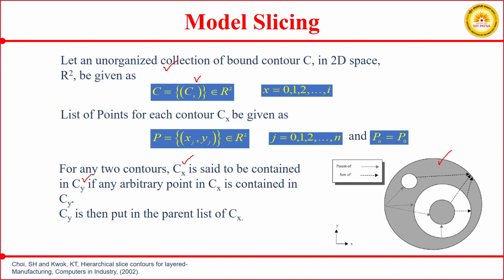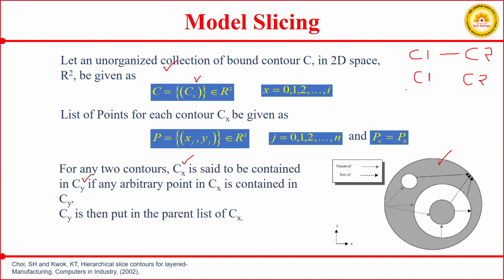Okay, so what may be the possibilities, like one is C1 and one is C2. What may be the relationship? C1 may be son of C2, or C2 may be son of C1, vice versa, and there may be a parent relationship also.